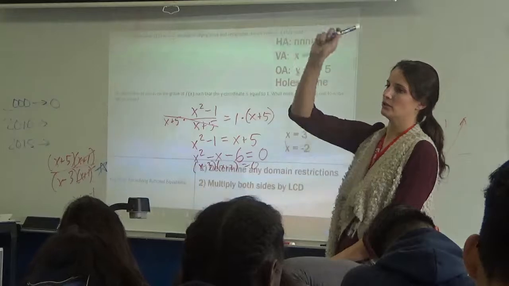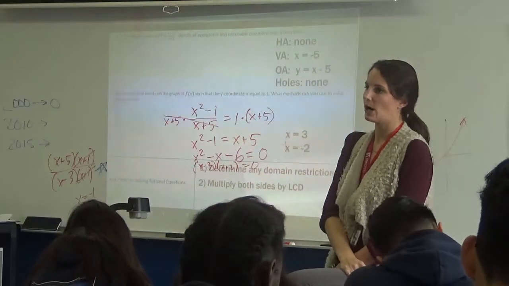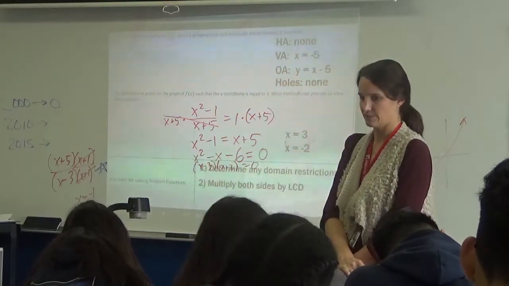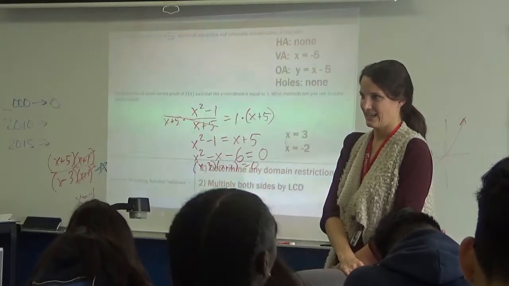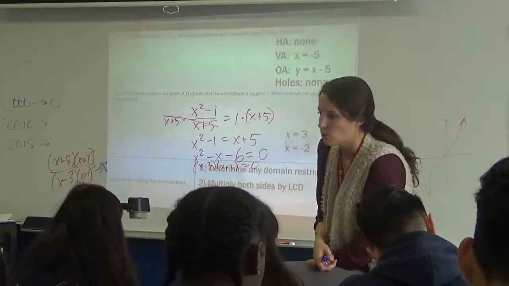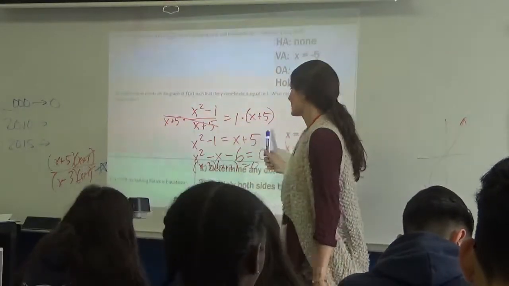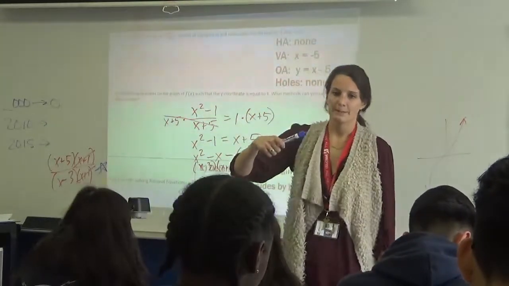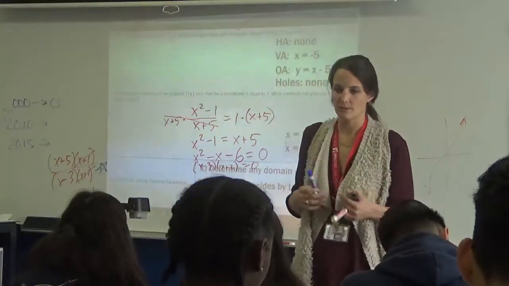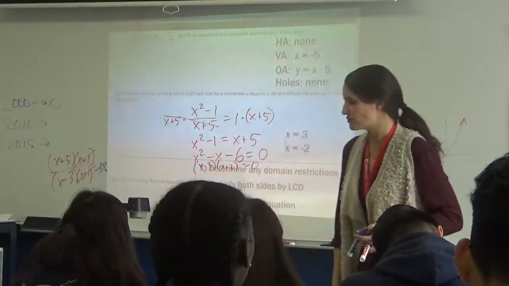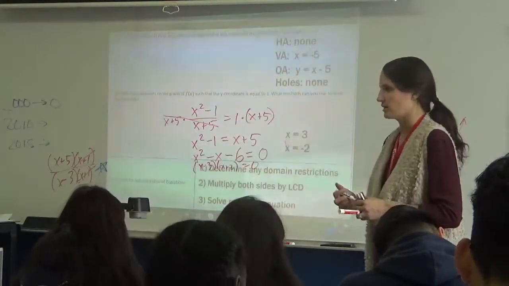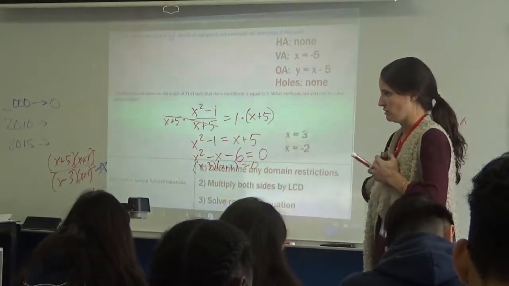If you would rather multiply by just a common denominator, you don't have to use the least, but the least is nice. And last but not least, once you've multiplied by your least common denominator, you'll end up with something that looks like this, or something that had x's that we could combine. In general, you're going to use a lot of different strategies for solving your resulting equation.